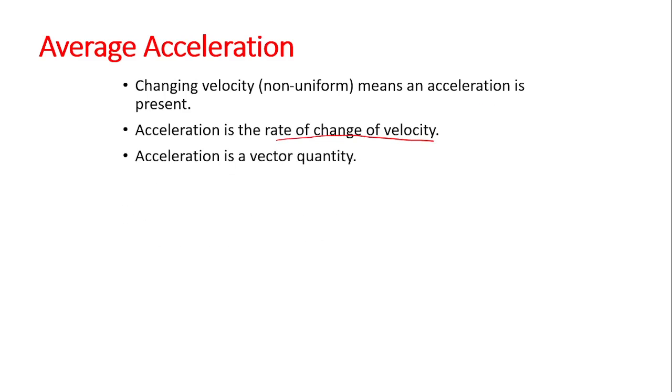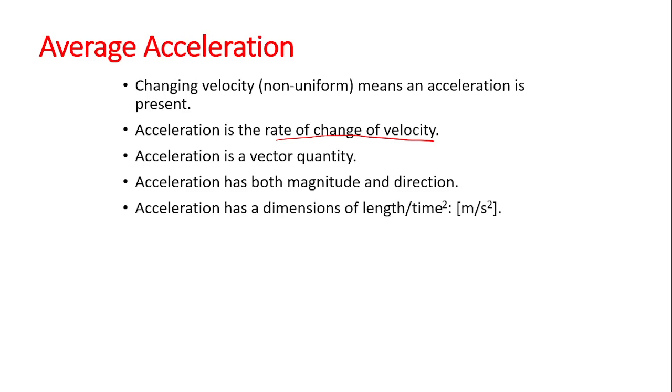Then acceleration is a vector quantity just like velocity, and acceleration has both magnitude and direction. I think this is not new to us all because I've already explained what a vector quantity is. The SI unit of acceleration is just m over s squared.